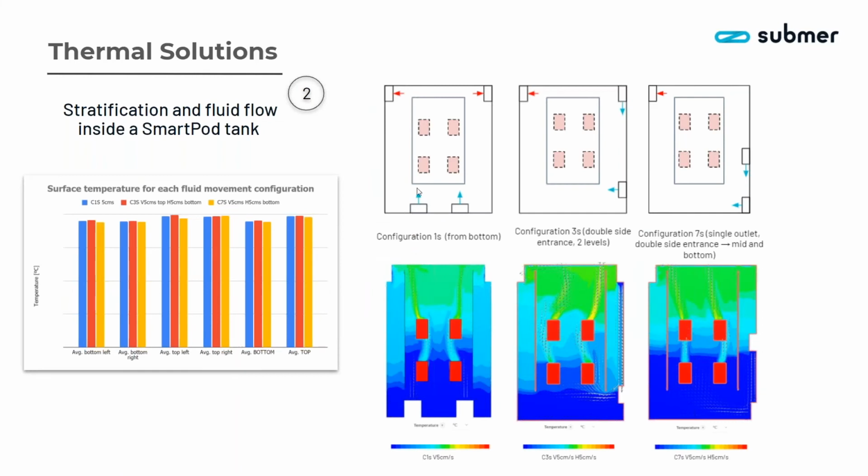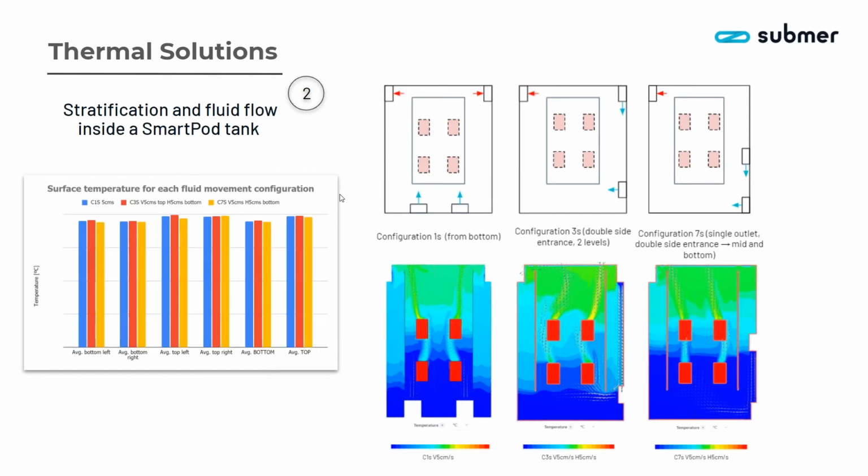Later on, by increasing the complexity of the simulation, we introduced a fake server with some heat devices representing the CPUs or GPUs of a server. And the same study was carried out, but in this case with the best previous solutions that we found.